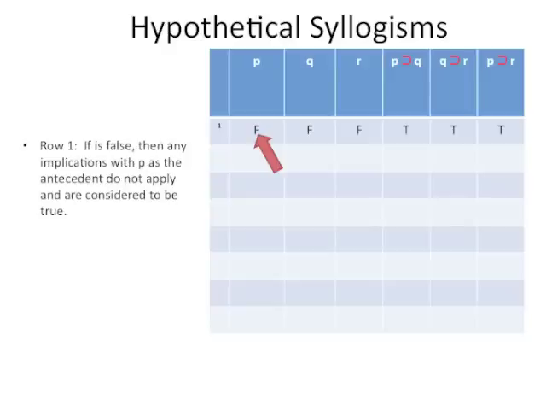So in row 1, we have our antecedent condition, P, being false. So really it doesn't matter what happens afterwards. If Q is false or true, the statement if P then Q is also true. And consequently, if we look at the next one, if Q then R, this is also true, because in this case Q is false.